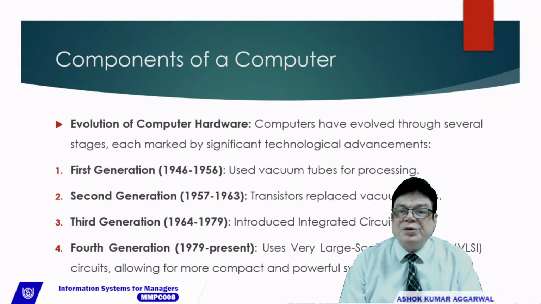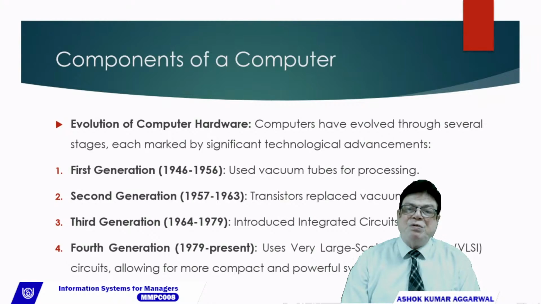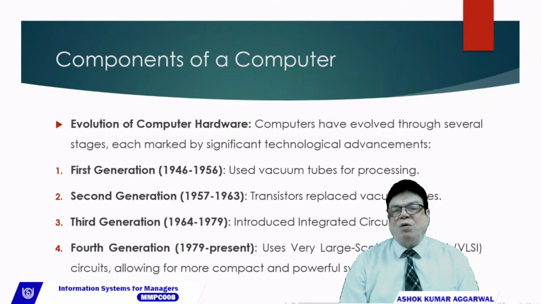Evolution of computer hardware. Computers have evolved through several stages, each marked by significant technological advancements. First generation, 1946 to 56, used vacuum tubes for processing.